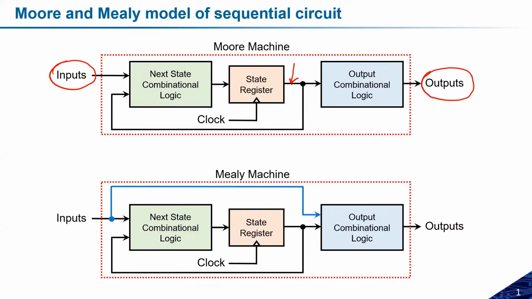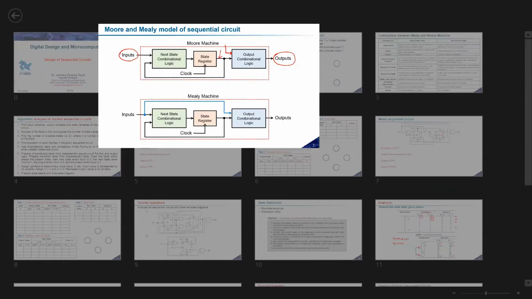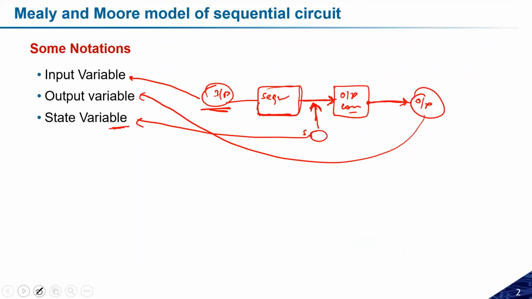There may be a possibility that the output combinational logic circuit has some additional input besides this one. Whatever output of the state register we get will be connected to the output combinational logic, which is perfectly fine, but we can provide additional input as well. The next terminology is the excitation variable.